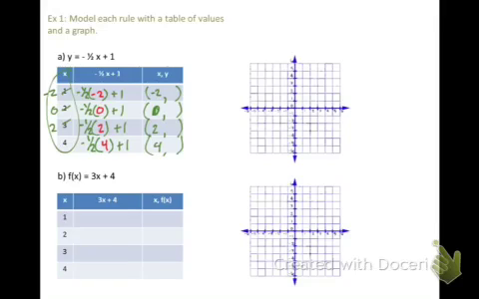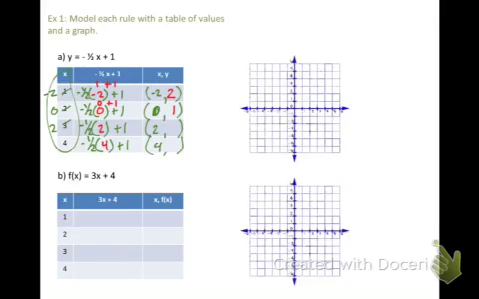So what is negative 1/2 times negative 2? That equals a positive 1, plus 1, so that answer will be 2. Negative 1/2 times 0 is 0, plus 1 equals 1.